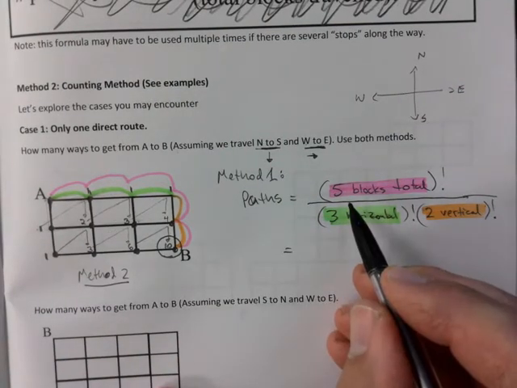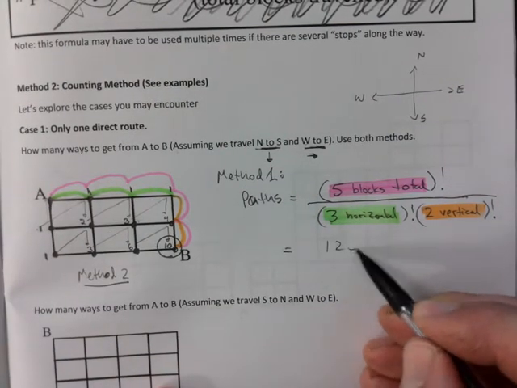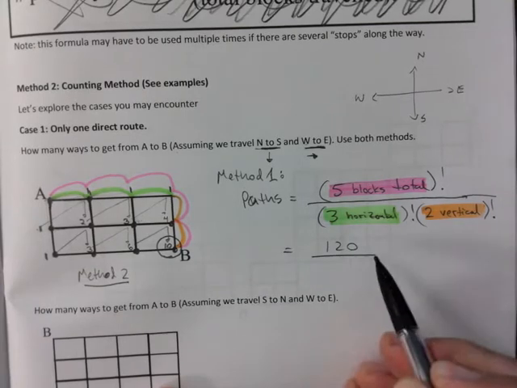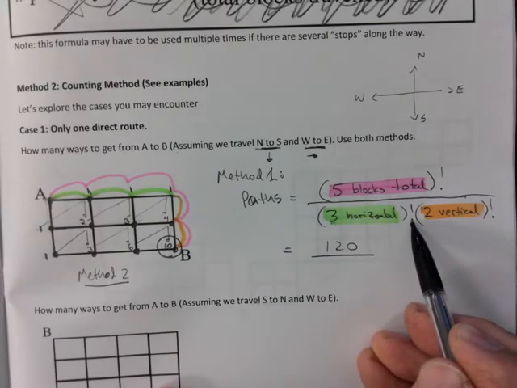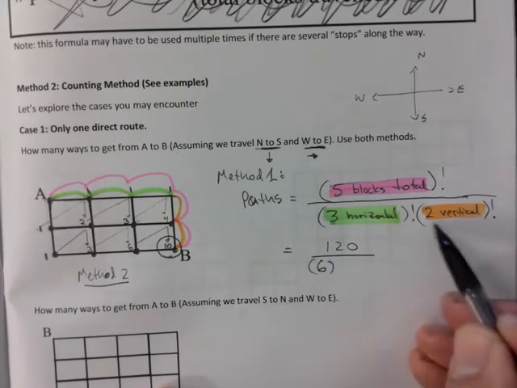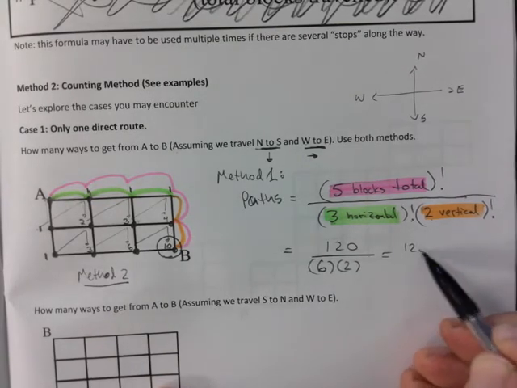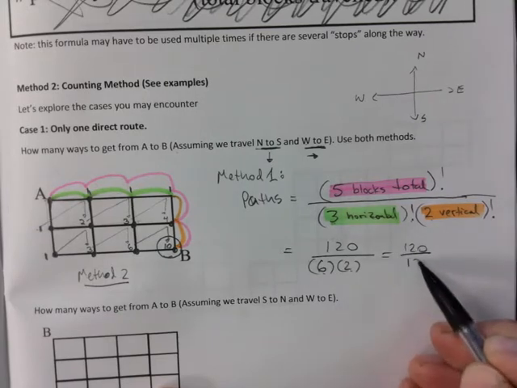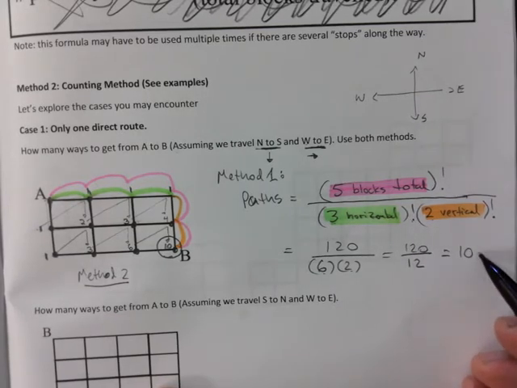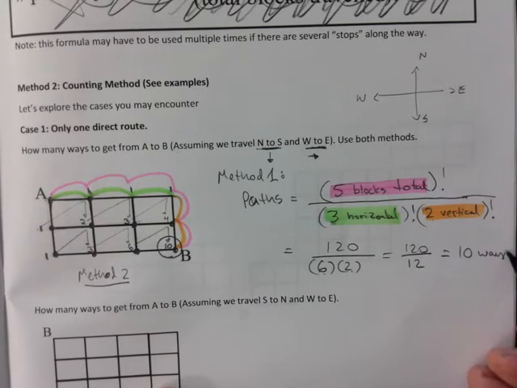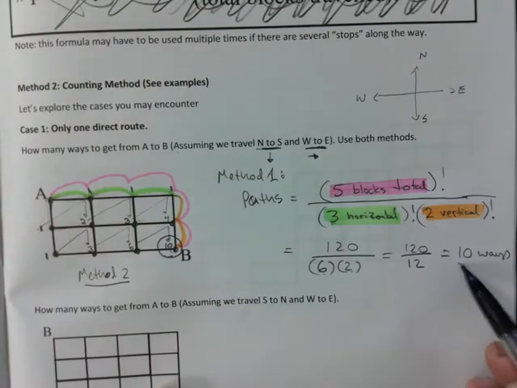So 5 factorial is 120. 3 factorial is 6. 2 factorial is just 2. So this is 120. What's 6 times 2? You can do that. You can do it, right? 10 ways.